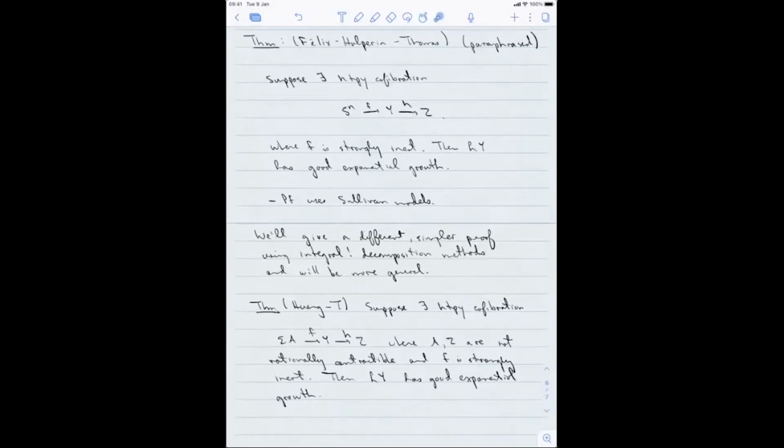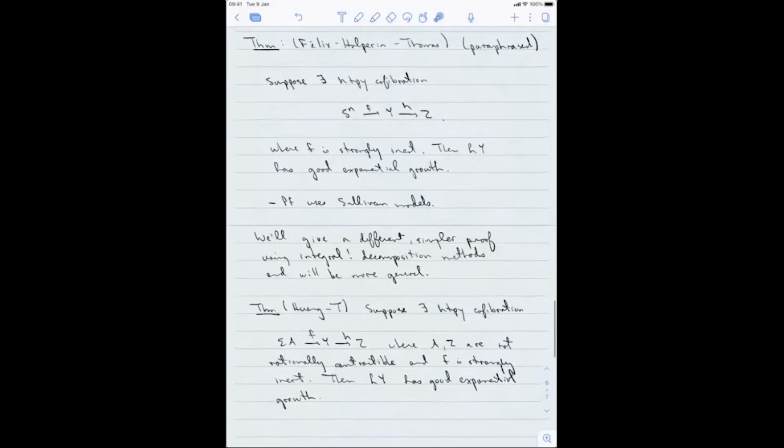So in comparison to the Felix-Halpern-Thomas theorem, we replaced the sphere by a suspension, and we're drawing the same conclusion. We'll give a different argument, right?